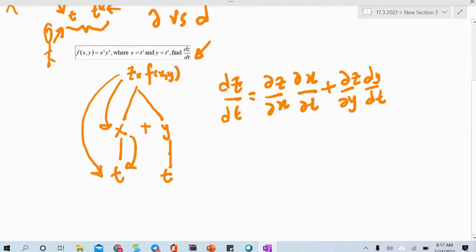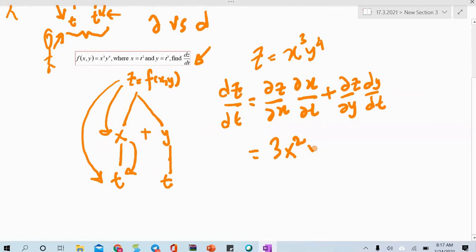Now you have to substitute. So ∂z/∂x. ∂z/∂x will be 3x squared y to the power 4. ∂x/∂t will be, see what is x. So your x is t to the power of 2. y is t to the power of 5. So dx/dt will be 2t.